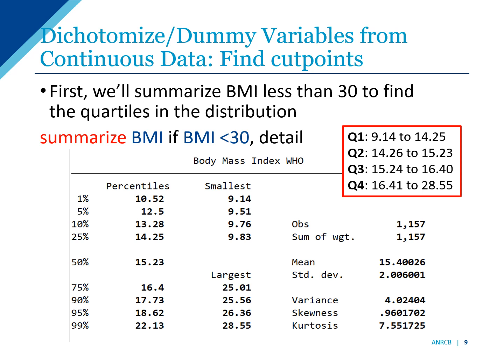The third quartile is from 15.24 to our 75th percentile value of 16.40, and 16.41 to our largest value, 28.55, is our highest quartile. Now we can use these values to create cut points.